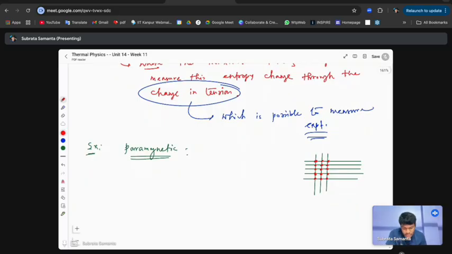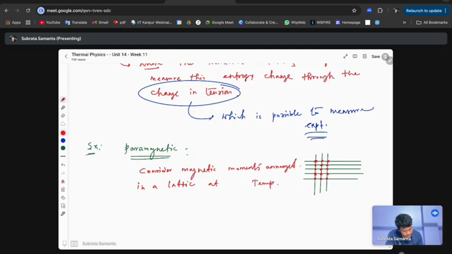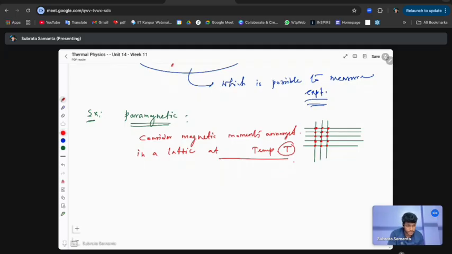So consider magnetic moments arranged in a lattice at some temperature T, and assuming that the magnetic moments cannot interact with themselves, so there are no self interactions.